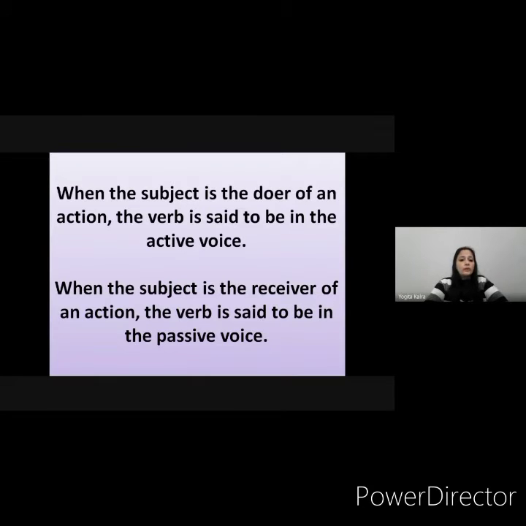So, when the subject is performing an action, then the verb is said to be in the active voice, right? And in the passive voice, when the subject is the receiver of the action, so he's receiving an action done by the subject, right? So the verb is said to be in the passive voice.